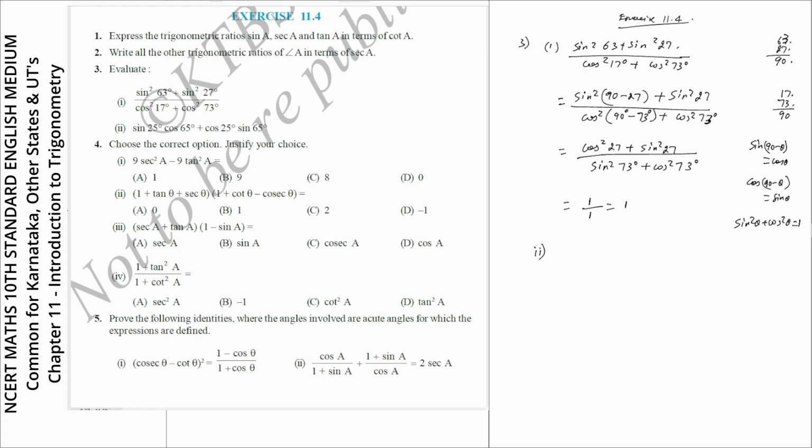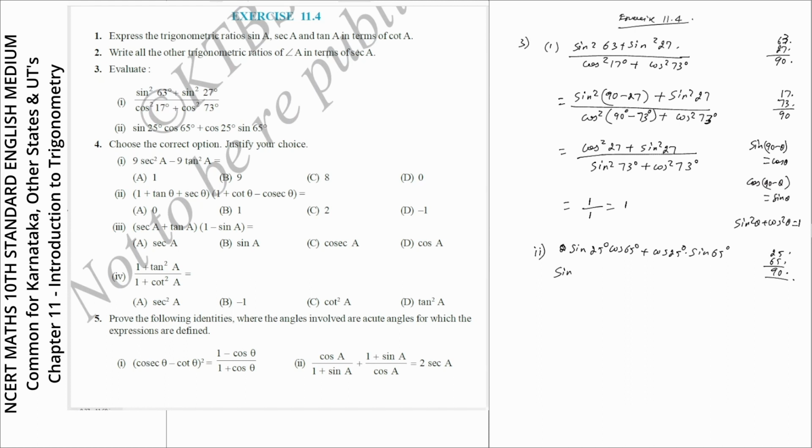Second sub question, the given question is sin 25 degree cos 65 degree plus cos 25 degree into sin 65 degree. So 25 plus 65 I will get 90.